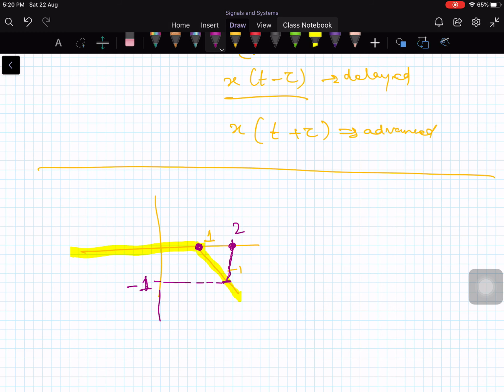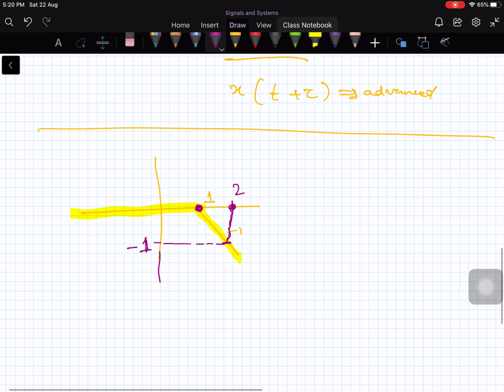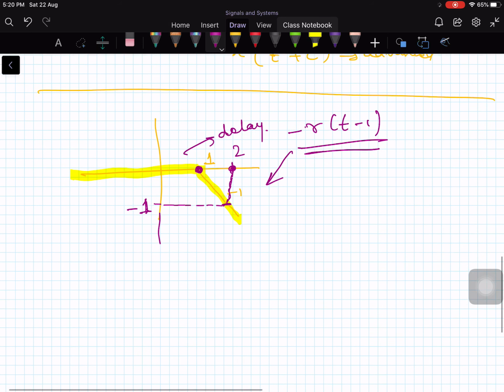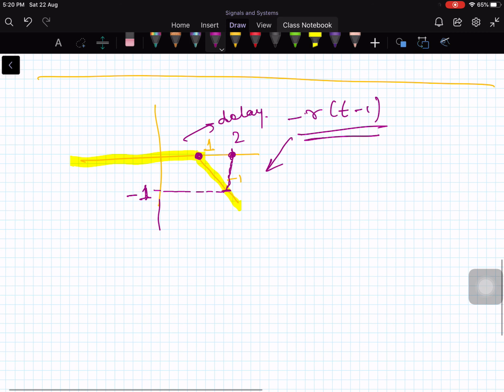So the ramp function starts at 1, so it is a delayed signal. Let me write r of t minus 1, delayed signal. Since the slope is negative, I am putting a minus symbol here. So this is the function for this one. That is how you describe the ramp function.